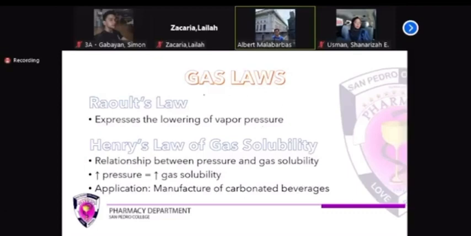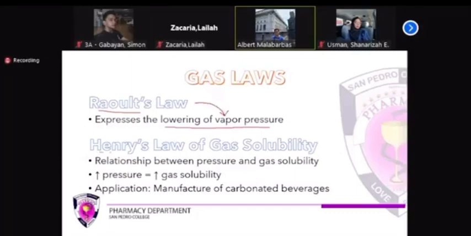Next, important one, we have your Raoult's law. Your Raoult's law, it is an equation that expresses the lowering of vapor pressure. It's actually under colligative properties, which will be mentioned later. So tandaan lang natin, Raoult's law, related siya to vapor pressure.